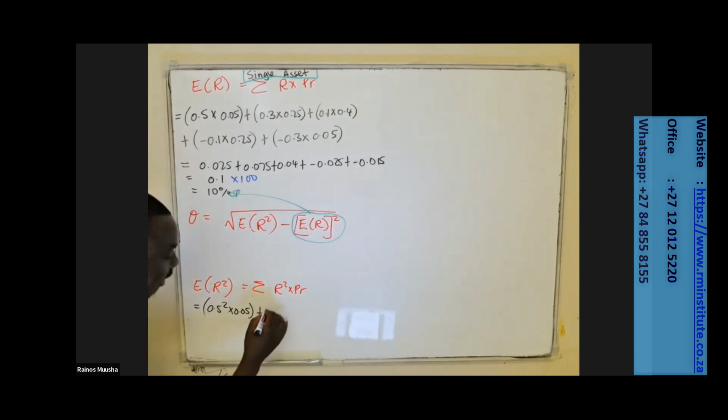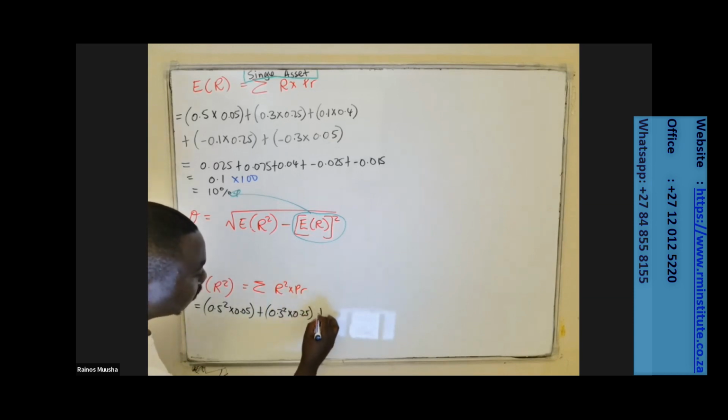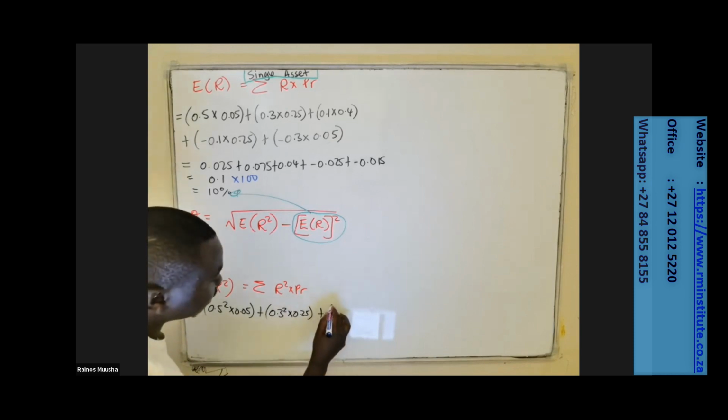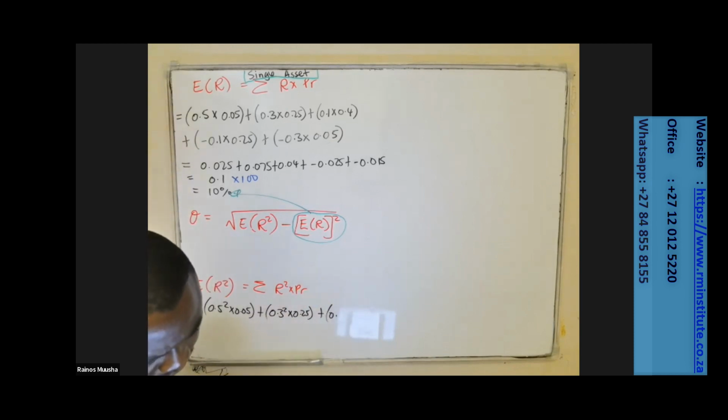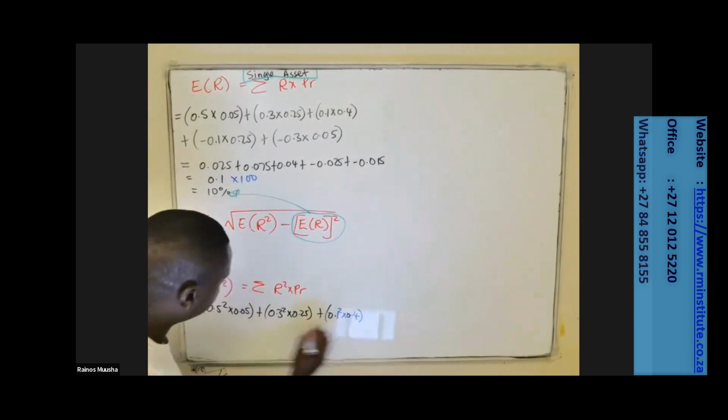We go on to the second scenario. Your return is 30%, so it's 0.3 squared times the probability of that happening, which is 0.25. Plus the next scenario, 0.1 squared times the probability of that happening, which is 0.4.